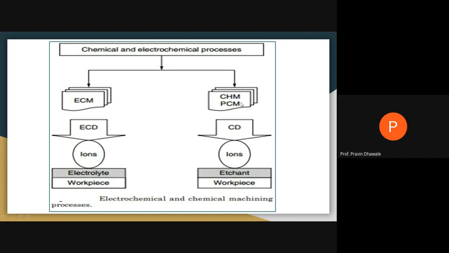Similarly, in photochemical machining or simply chemical machining, the material from the workpiece is removed by ions in a medium of etchant, and those ions are produced by the chemical dissolution process. That is chemical machining or photochemical machining.